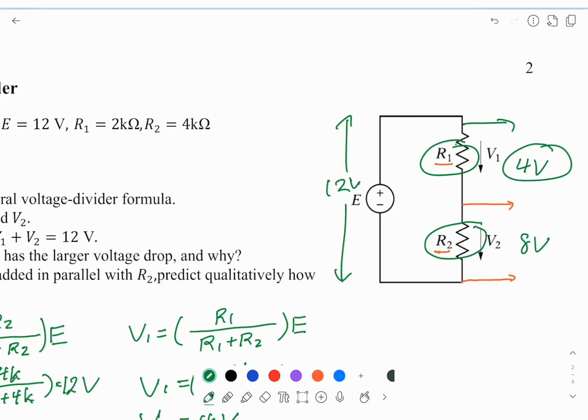One is 4, one is 8, which is proportional to the 2K and 4K ohm resistors.